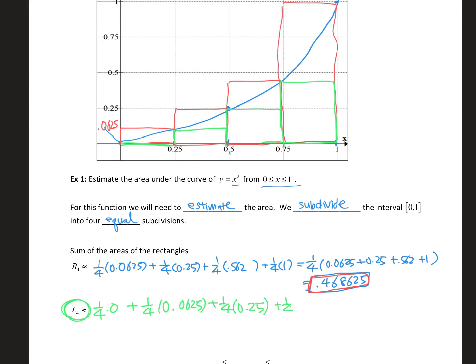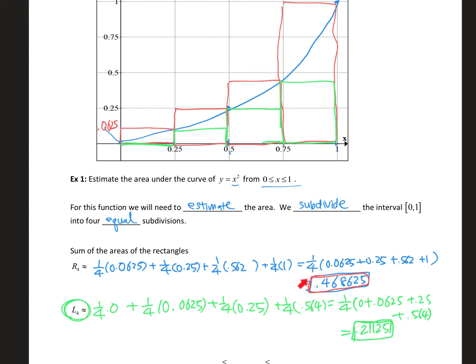And then the last box is this one. The height is here. We already knew that, 0.5625. Again, I'm going to factor out 1/4 and do the calculation: 0.0625 plus 0.25 plus 0.5625. And when you calculate that out, I get 0.21125. I know it's a tedious calculation, right?